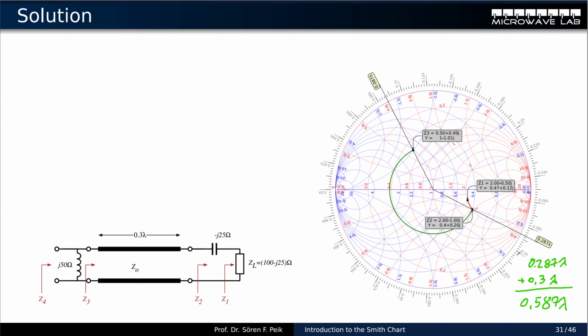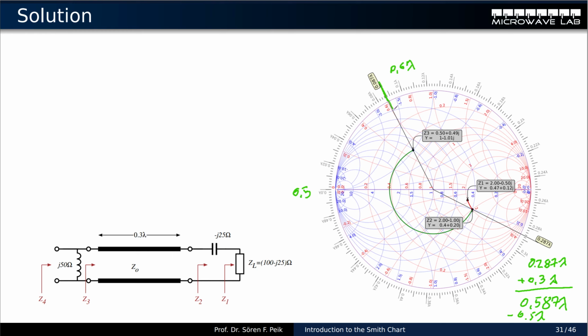Now we have the problem that 0.5 lambda is off my ruler, because after one complete revolution it starts at 0 again. So whenever you go over the 0 line, you have to subtract 0.5 lambda to get the modulo of 0.5, which makes it 0.087 lambda, which is this point here.